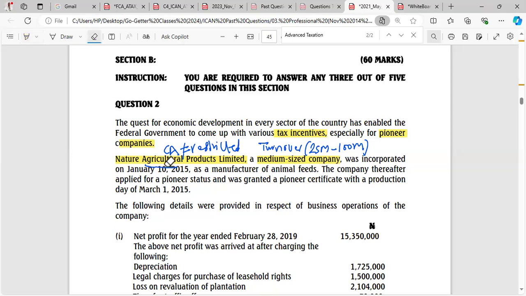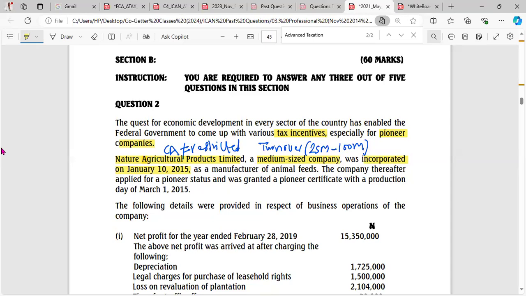Now, we were told that this company was incorporated on January 10, 2015. This date of incorporation is the date on their CAC certificate. That doesn't mean that is the date they started the company, that they started production.